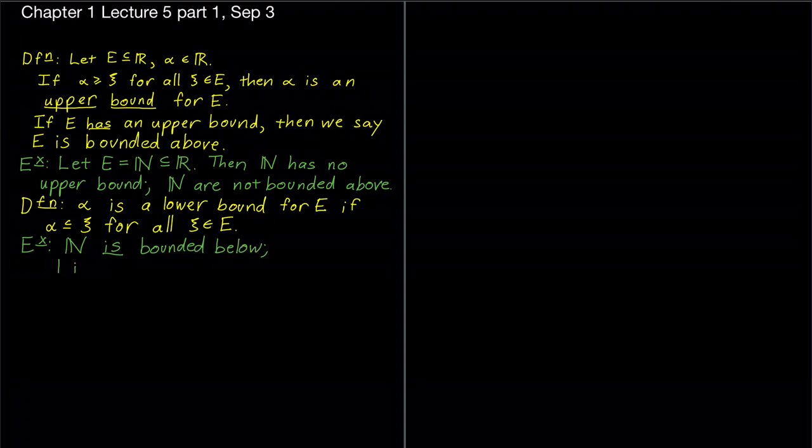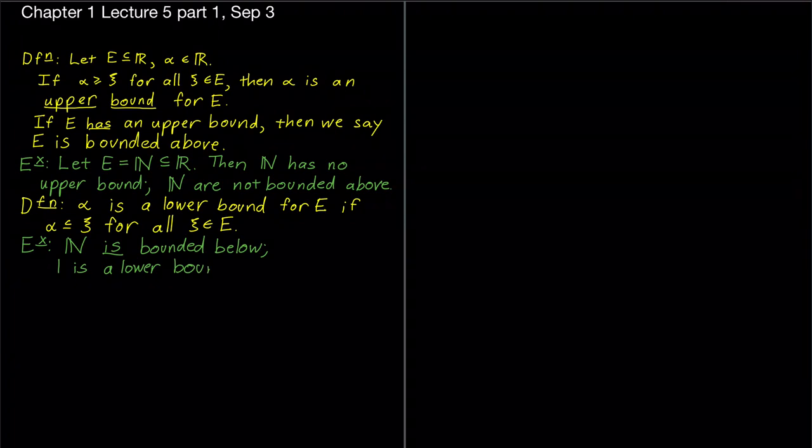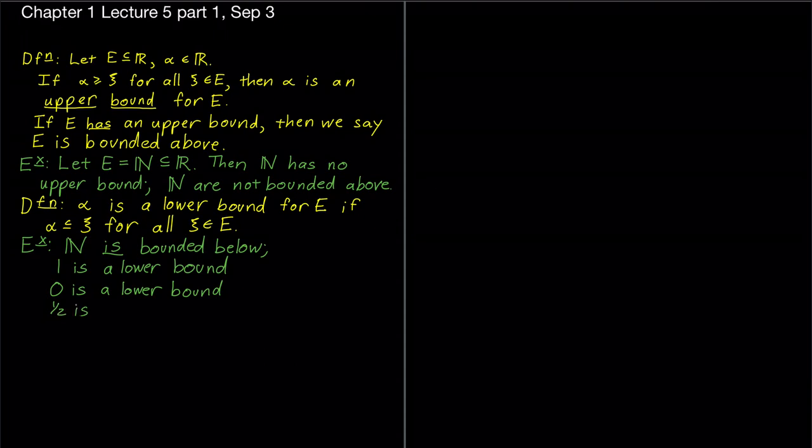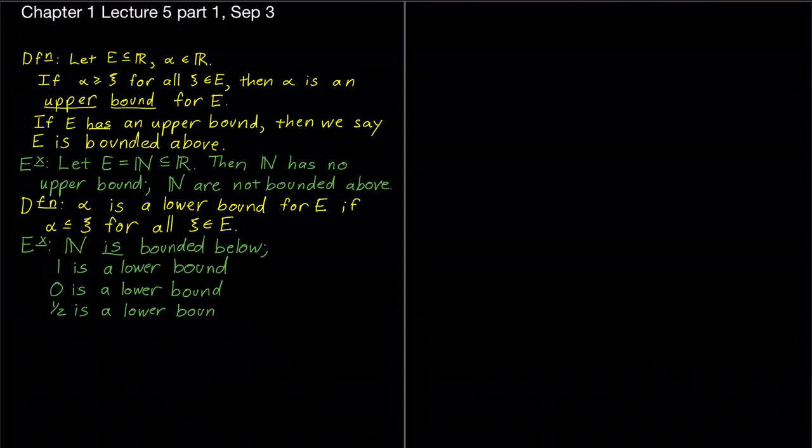One is a lower bound, because one is the smallest natural number. Every natural number is at least one. 0 is a lower bound. It's smaller than all the natural numbers. In this course, we're taking the natural numbers as starting at 1. That's going to be convenient for us. 1/2 is a lower bound.